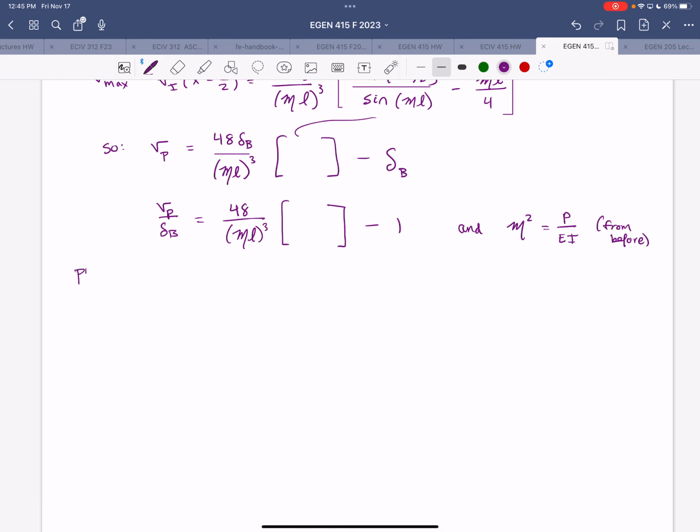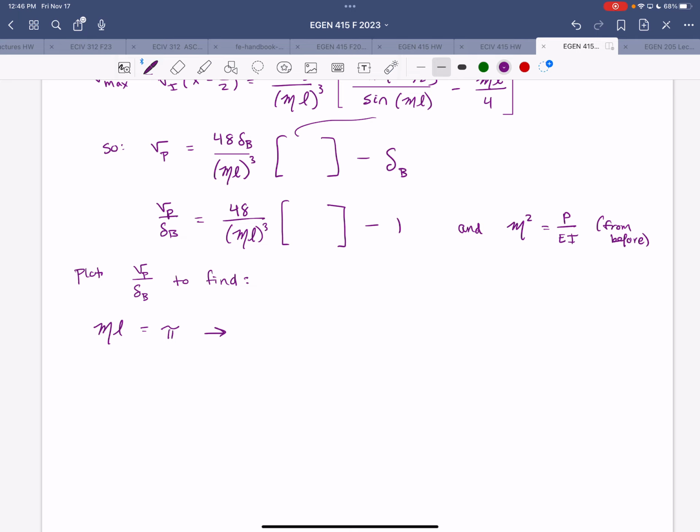So we can plot this normalized deflection to find solutions. So we would find then that when ml is equal to pi, that represents the point where the axial load P has reached its first critical value.